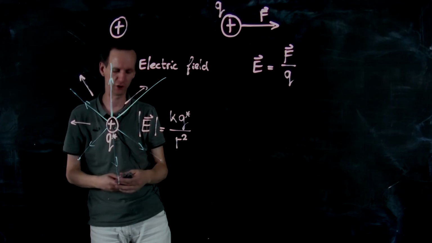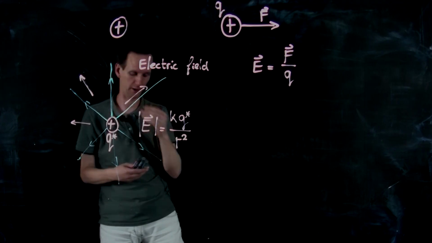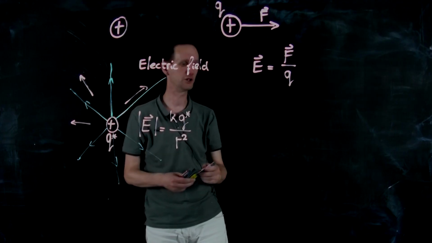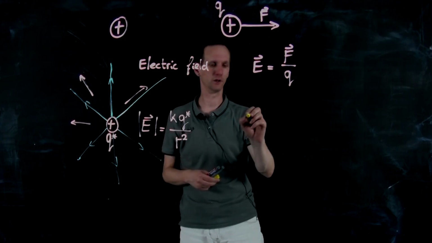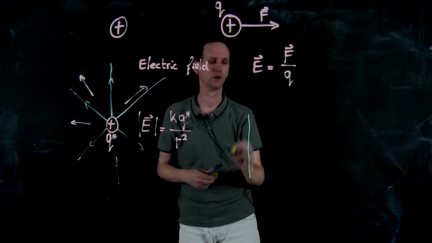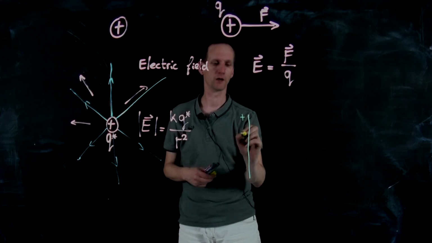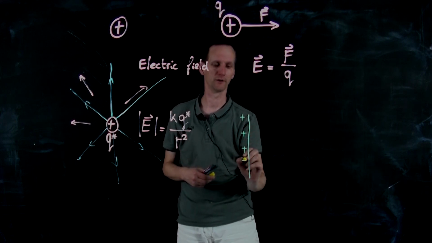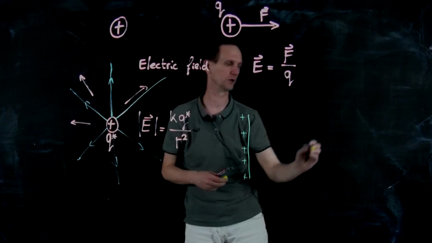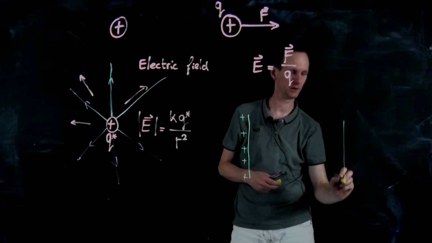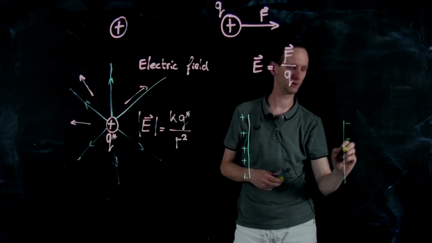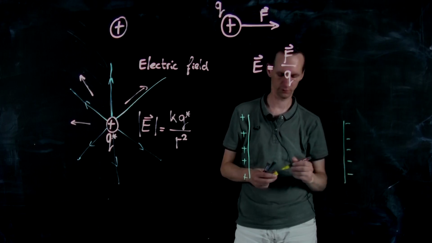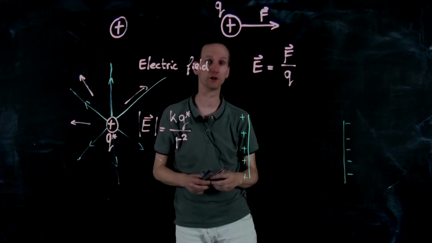Now there's one important situation that I want to bring to your attention, and that is the electric field generated by a charged plate. Or in this case, I will draw it as two charged plates. One positively charged, one negatively charged.